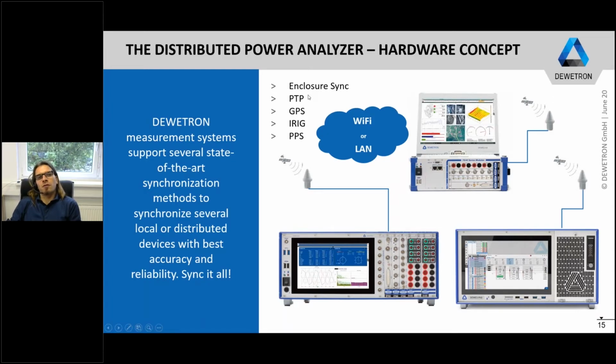And for external trigger and synchronization signals, the system supports PTP, GPS, IRIG, or PPS for synchronizing your devices, and the data transmission from device A to device B is done over LAN, so you can use a Wi-Fi network or an existing LAN network for transferring the data between your measurement devices.